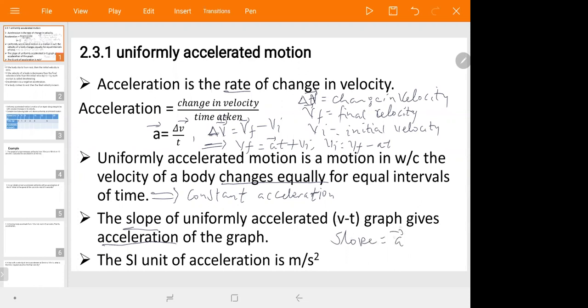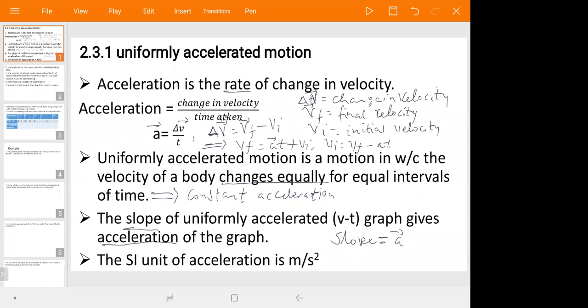If you calculate the acceleration of uniformly accelerated motion, that acceleration is equal to the slope of the v versus t graph. So acceleration and the slope are equal.